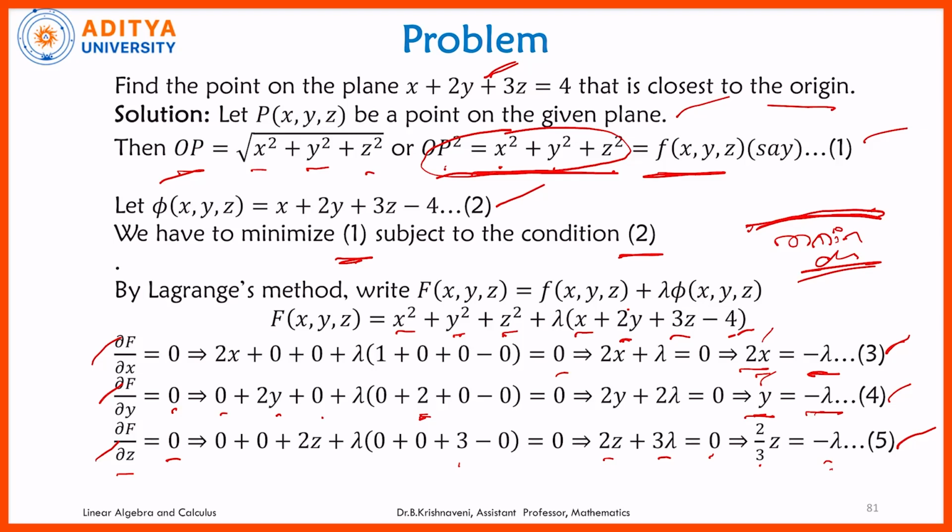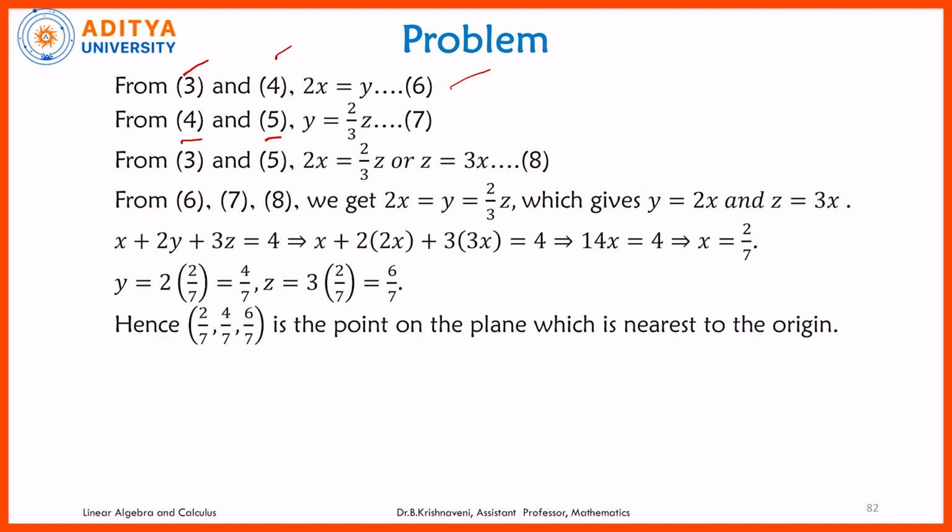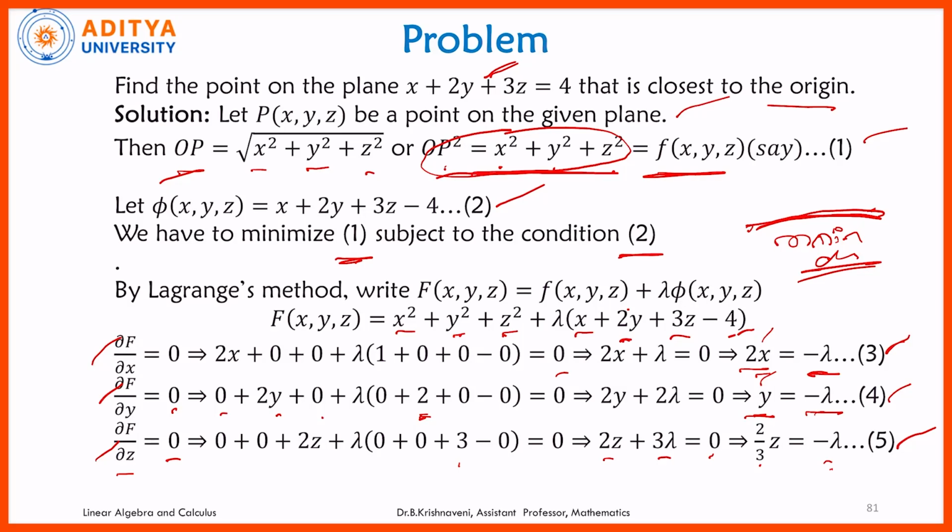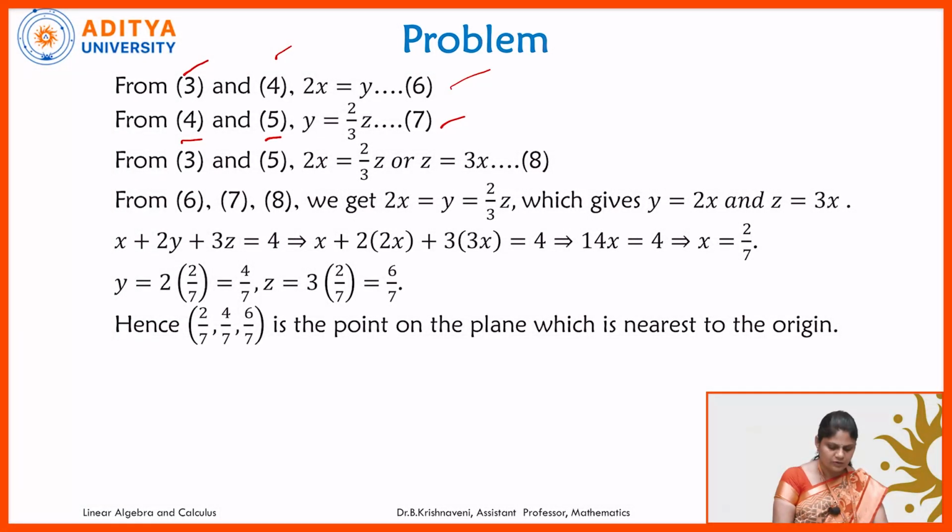Therefore y is equal to 2 by 3 z, equation number 7. Finally, from equations 3 and 5, 2x is equal to minus lambda, 2 by 3 z is equal to minus lambda. From this, the 2 cancels and z is equal to 3x. Let it be equation number 8.